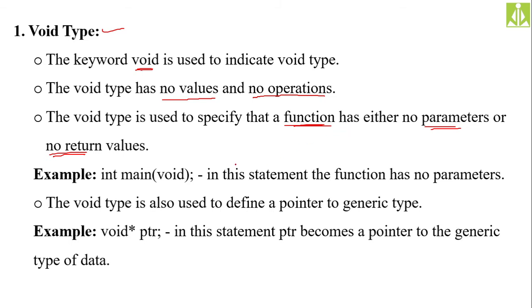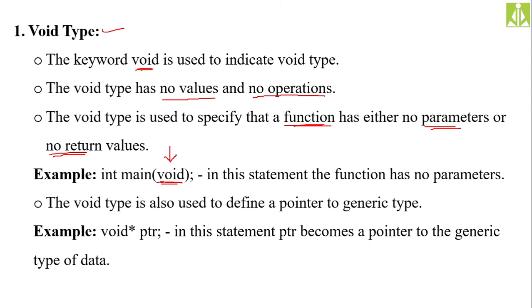You might have noticed this: whenever we write a C program, we write int main of void. This void indicates that we are not supplying anything to the main function.